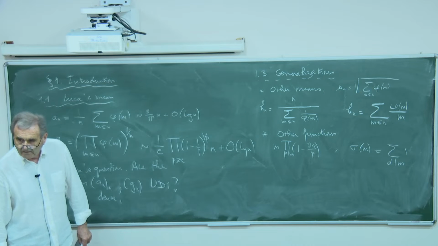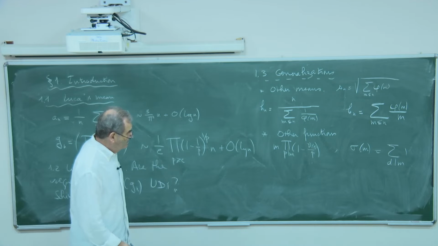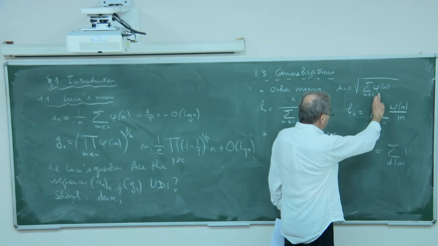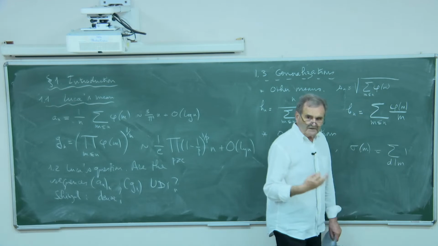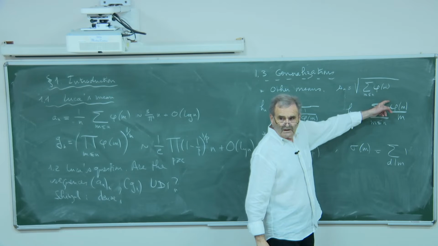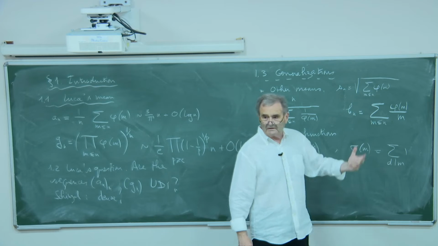Sorry? S_n? No, this is fine because you see phi of m is something like m. When you sum it to n, you have something which is n squared. And when you take the square root, it is linear also.